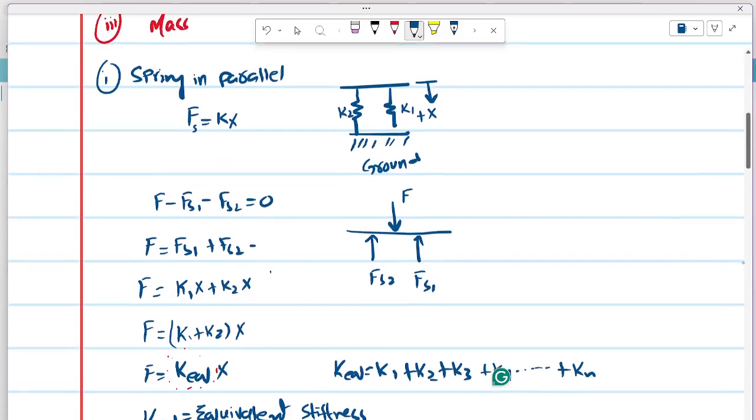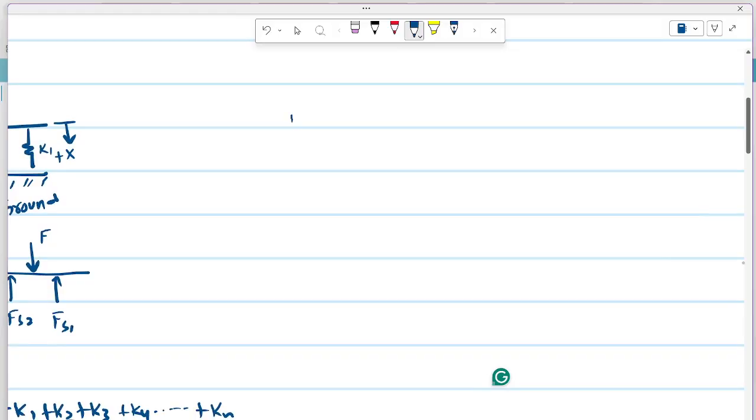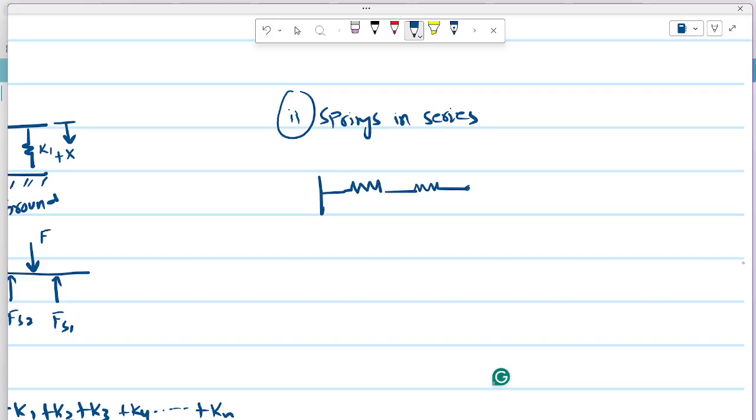Now let's say those springs are in series. Let's say we have a spring here, then another spring here, and this is K1, this is K2. Let's say this is the positive x-axis.